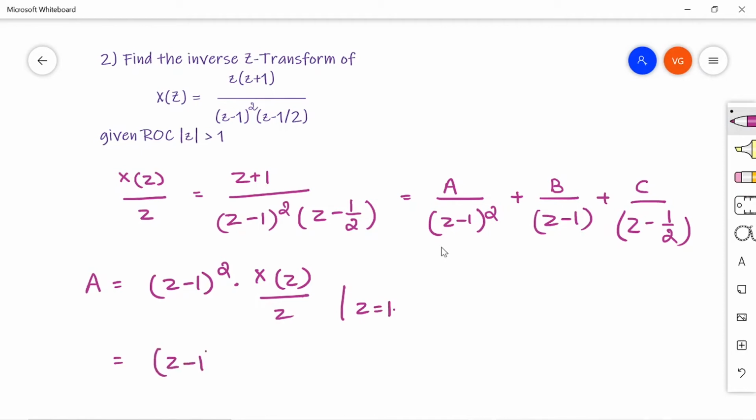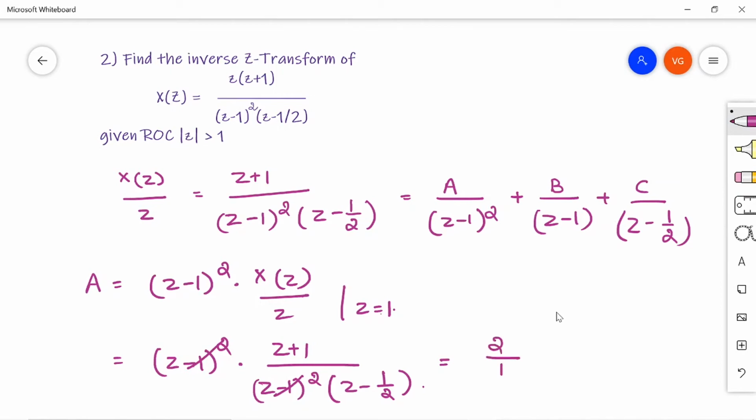So (z - 1) whole square into what is X(z)/z? (z + 1) divided by (z - 1) whole square into (z - 1/2). So this (z - 1) whole square will get cancelled. So put z is equal to 1 in this equation. In the numerator, z is equal to 1, I'll get 1 plus 1, 2, divided by 1 minus half, that will be half. So this is 4. So the value of A is equal to 4 here.